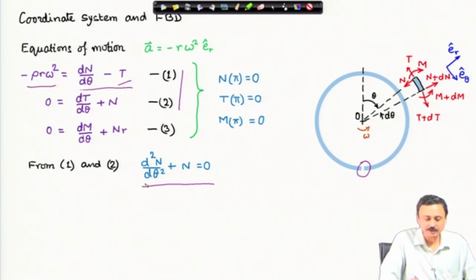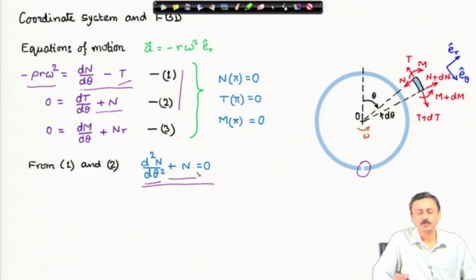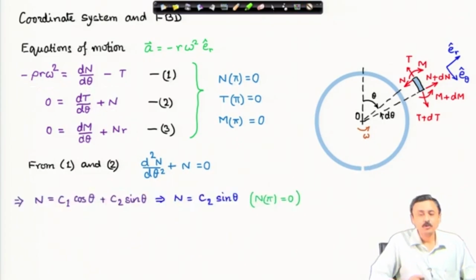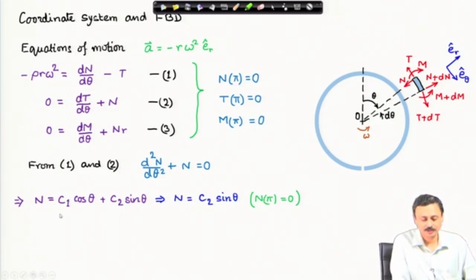Therefore, the second derivative of n with respect to theta minus dt d theta, which is again minus n, so I get plus n equal to 0. Therefore, now I have a second order ordinary differential equation in n whose general solution is in terms of trigonometric functions sine and cosine with 2 constants of integration C1 and C2.